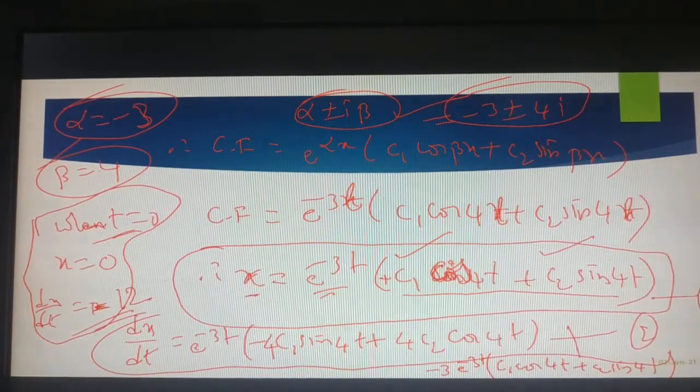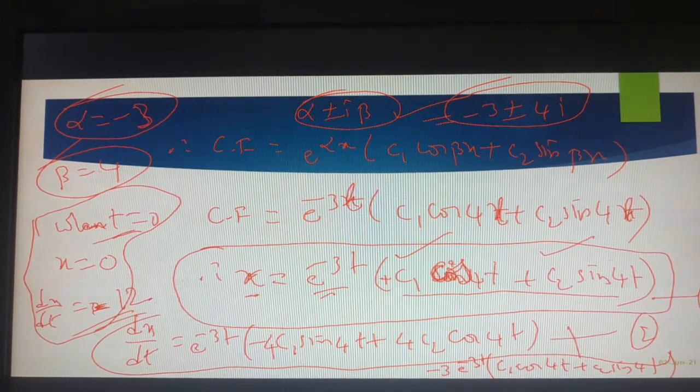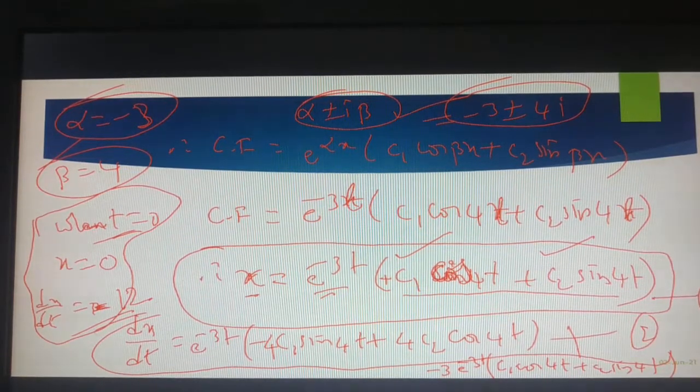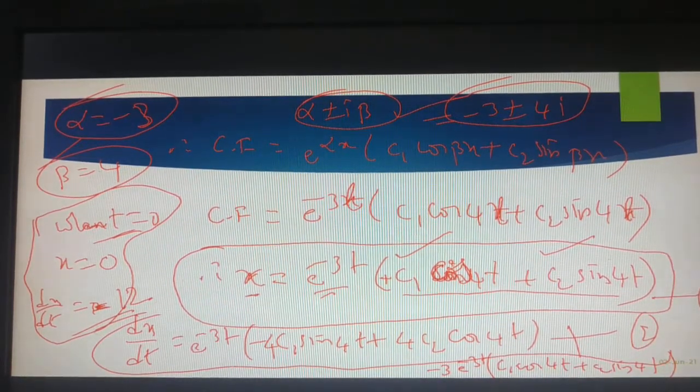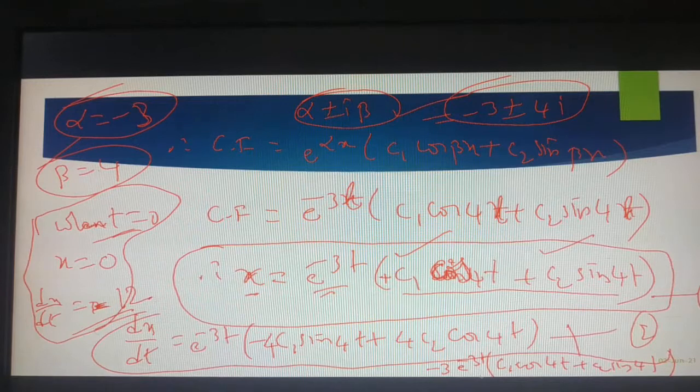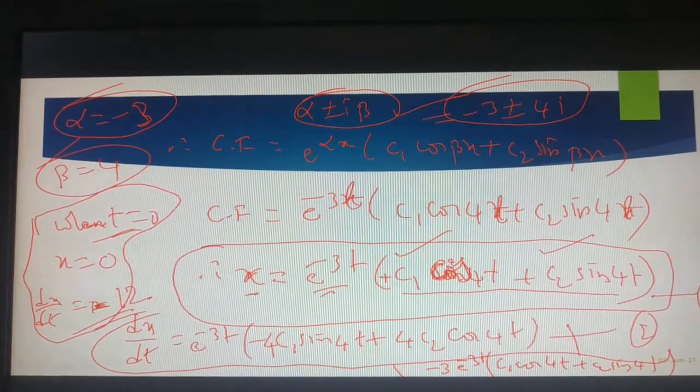So already I have x. If I find dx by dt, how can I find it? Simply differentiate with respect to t, right? So e power minus 3t, which is in the bracket, I differentiate first. This time the bracket term is kept as a constant, and the derivative of e power minus 3t is minus 3 into e power minus 3t. So anyway, we have to find its derivative dx by dt.